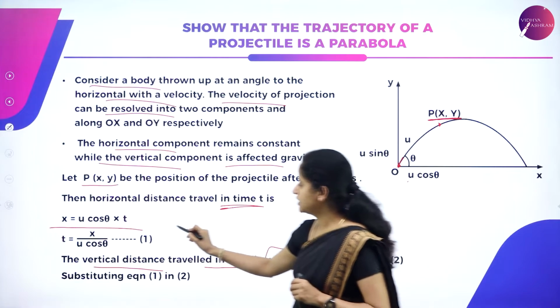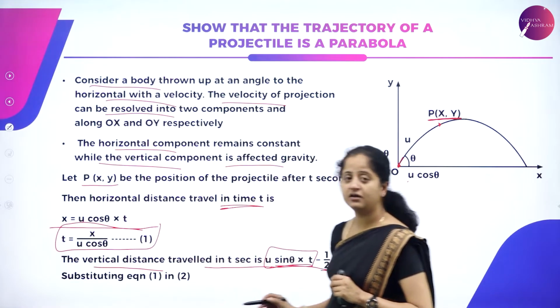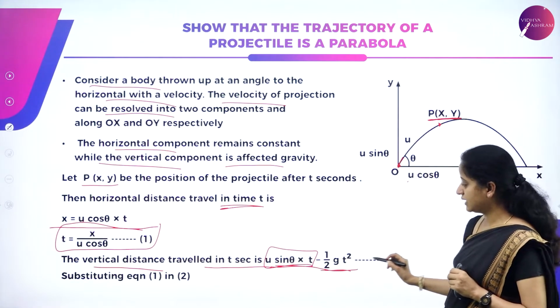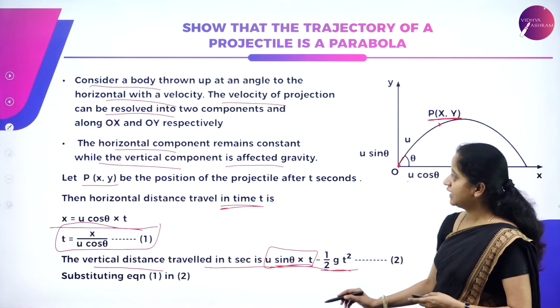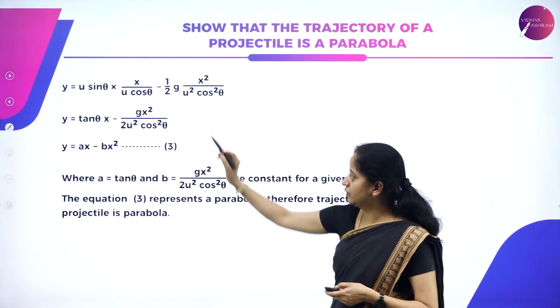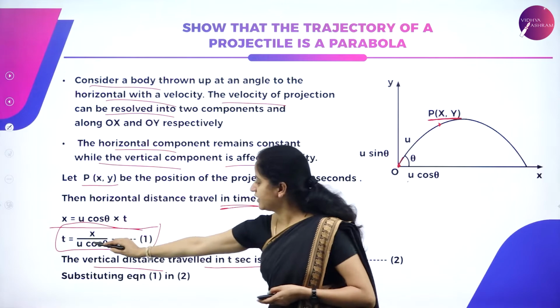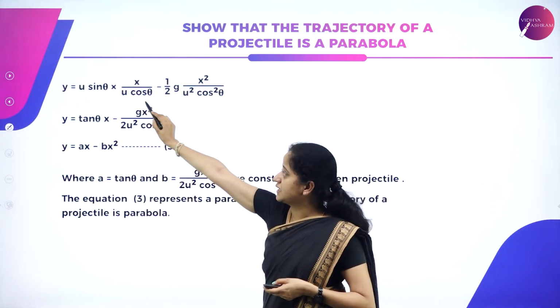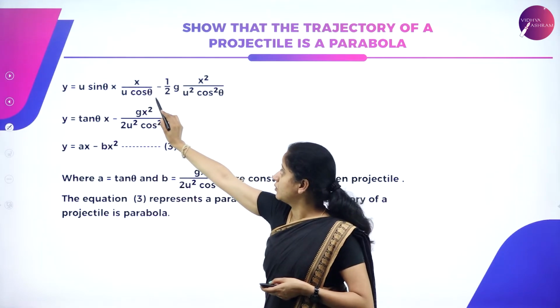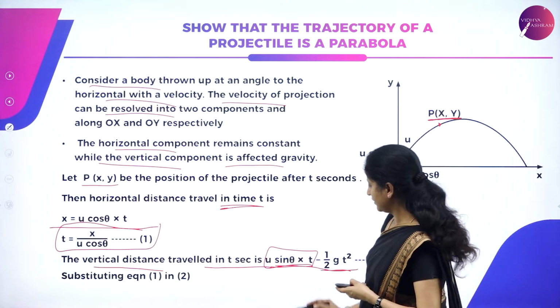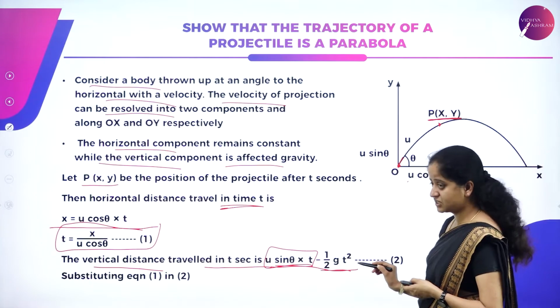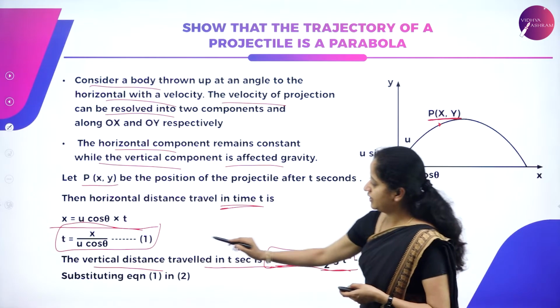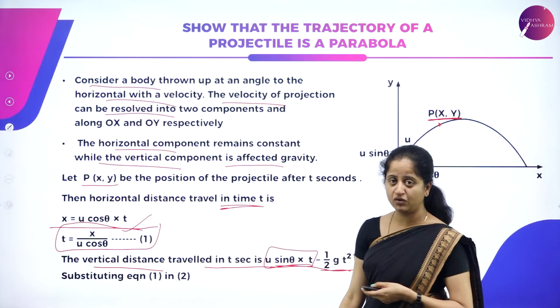Now, let us substitute the value of t in the second equation. So, what do we get? We get u sin theta into t, where t is nothing but x divided by u cos theta. We are substituting the same. So, y equals u sin theta into x divided by u cos theta, minus half g t square. In the place of t, we have to substitute x divided by u cos theta.